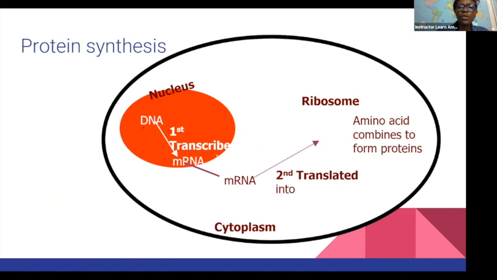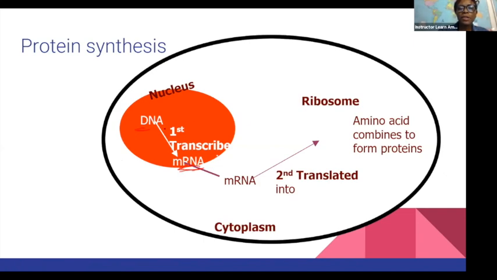And inside the nucleus, we established that the DNA is found in the nucleus. The DNA is going to get transcribed into a message because the DNA cannot leave the nucleus. If it leaves the nucleus, there are enzymes in the cytoplasm that would destroy the DNA. So the DNA needs to stay in the nucleus.